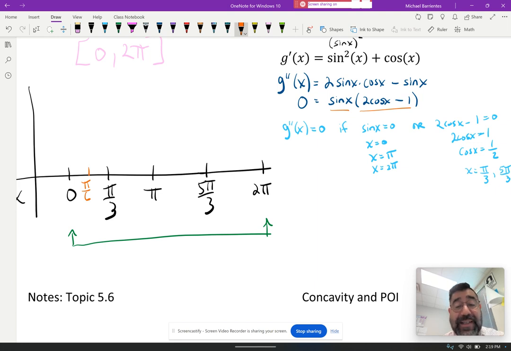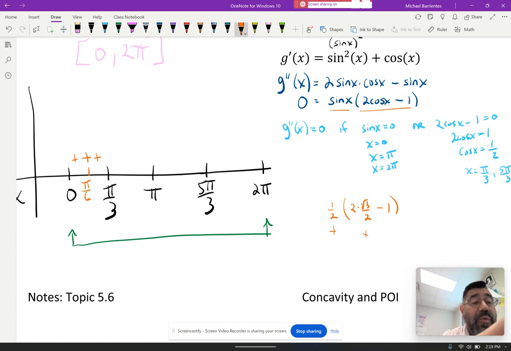If I substitute it in for the first part, sine of pi over 6 is 1/2, and then cosine of pi over 6 is square root of 3 over 2, minus 1. So this is positive. These are going to cancel, and I'm just left with the square root of 3 minus 1, and that's positive. So therefore, these are positive in between these two.